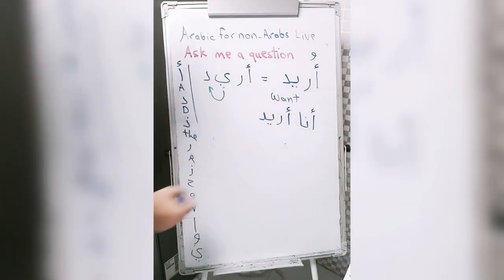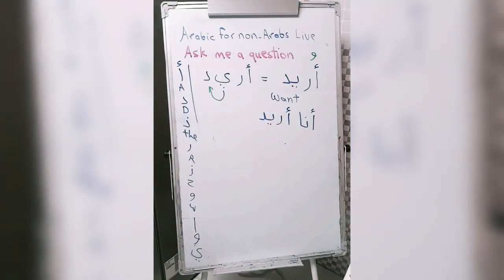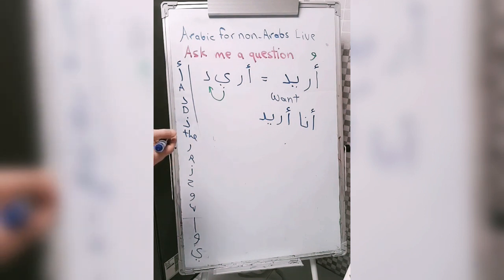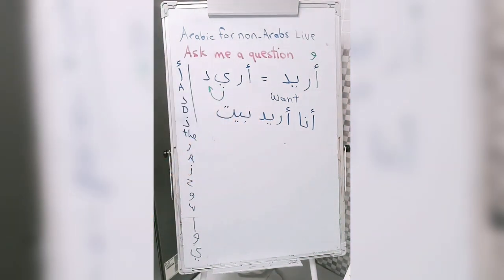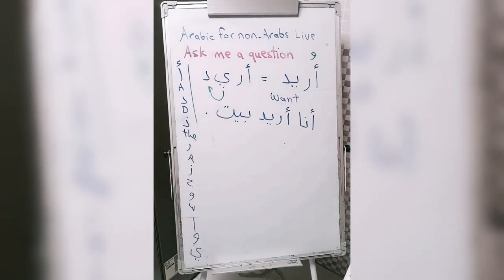I want. What do you want? Let's say bait, for example. I want a house. And now you can make your sentences with the verb urid. Say أنا أريد بيت, أنا أريد تين, أنا أريد ورد, أنا أريد أرز.